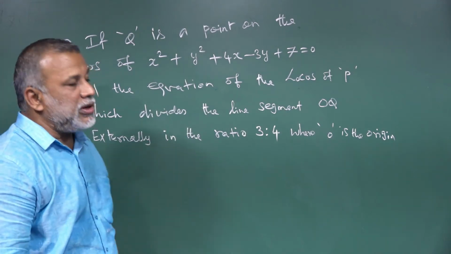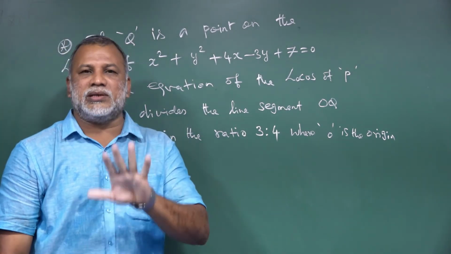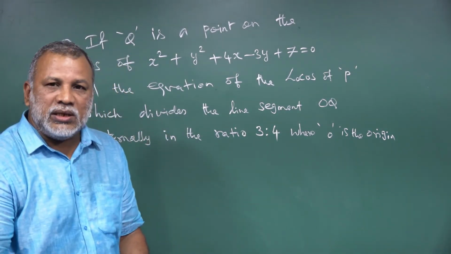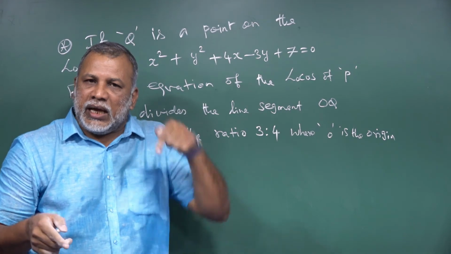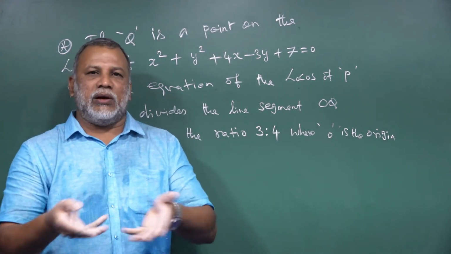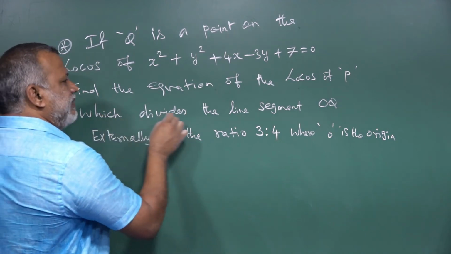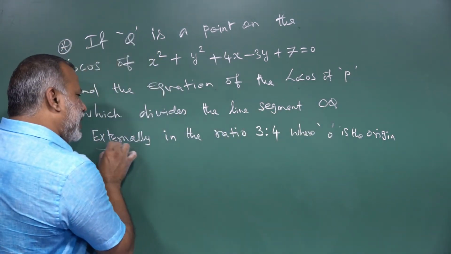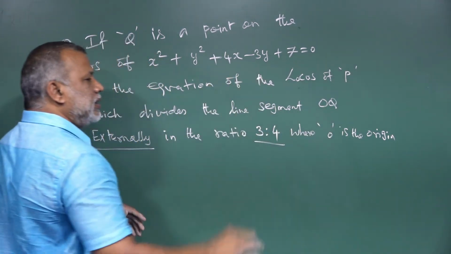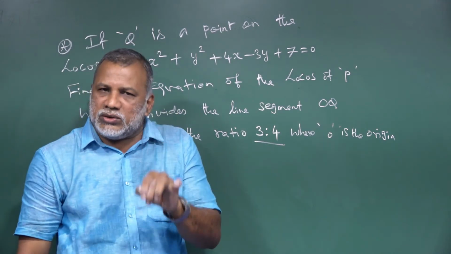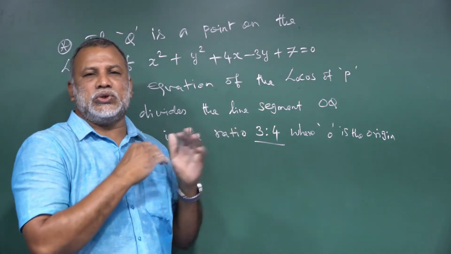Listen, this concept you also discussed in your 10th syllabus. See, a point which divides a line segment internally and externally. We already discussed in your 10th syllabus itself. Now listen, which divides the line segment OQ externally in the ratio 3:4. This is the logic behind this question.